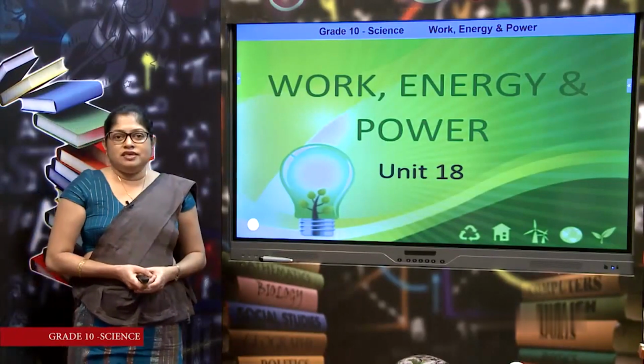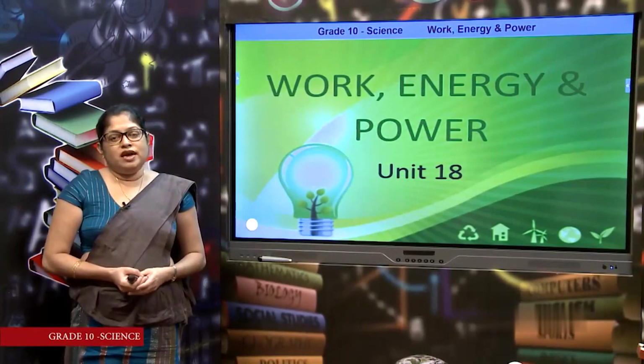We learnt two types of mechanical energy as potential energy and kinetic energy. At last, we did potential energy in detail. We will start the lesson from that point and proceed further.